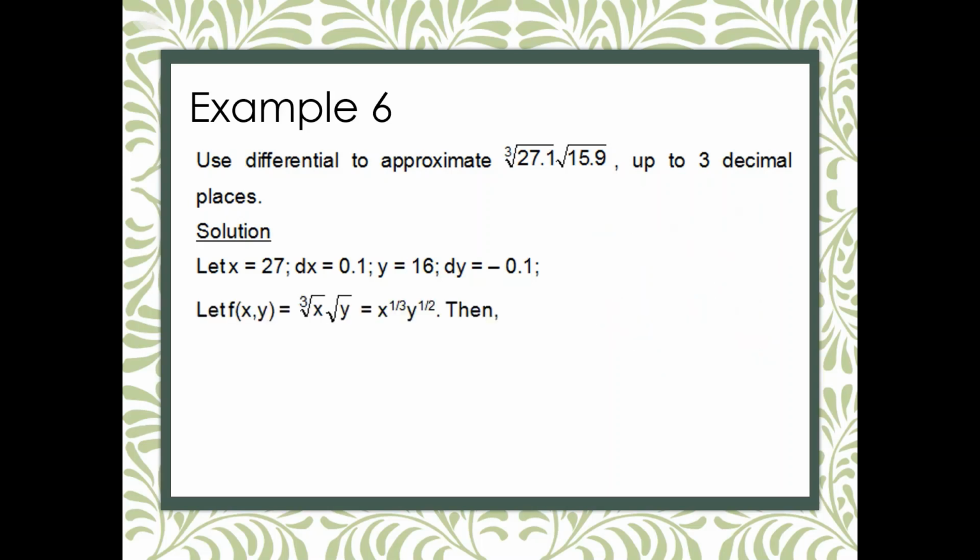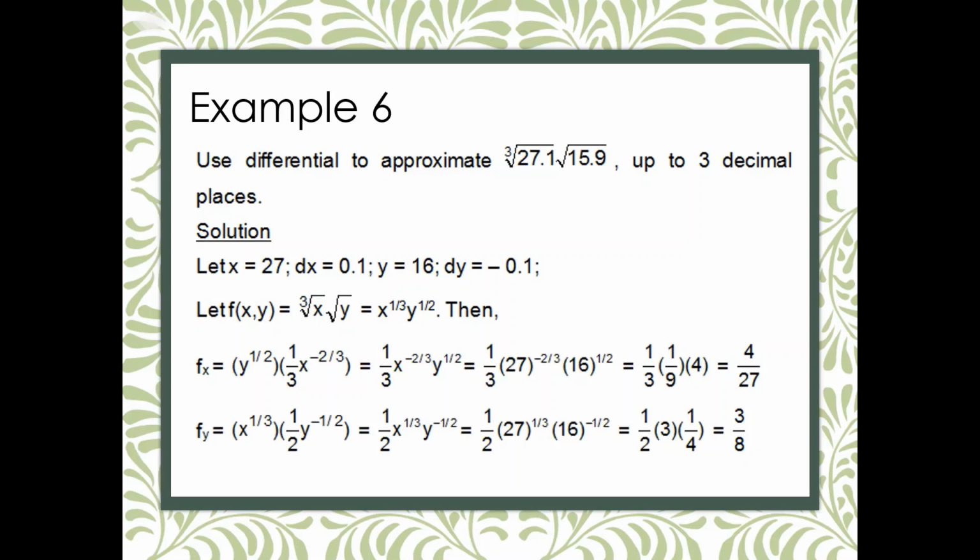As given two expressions, the function that you need to define here is a function with two independent variables, which is represented by f(x, y) equal to the cube root of x multiplied with the square root of y, which can also be written as x to the power of 1 over 3 multiplied with y to the power of 1 over 2.